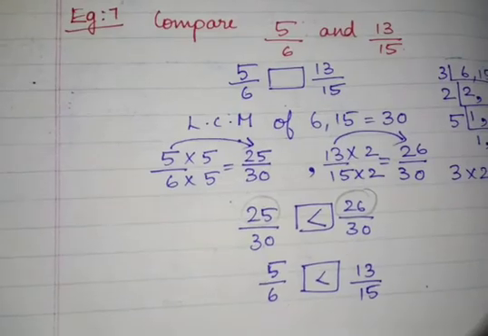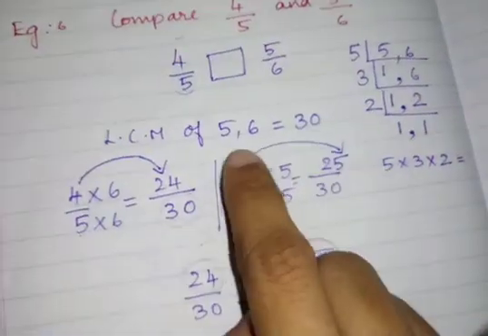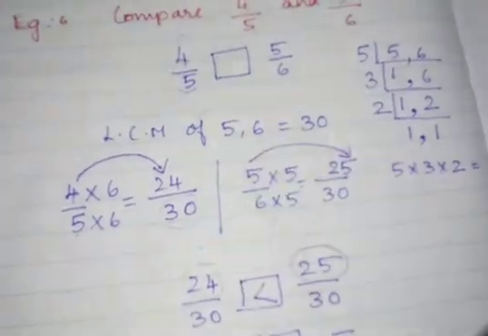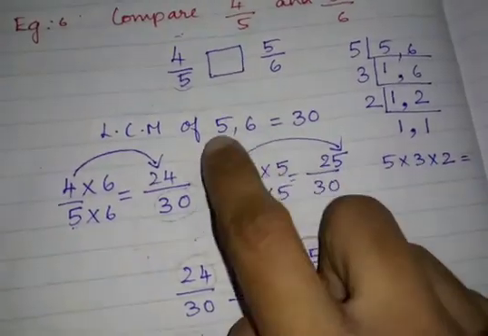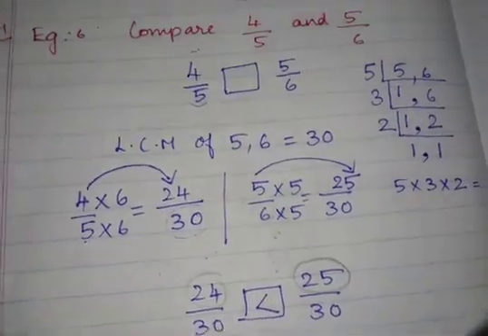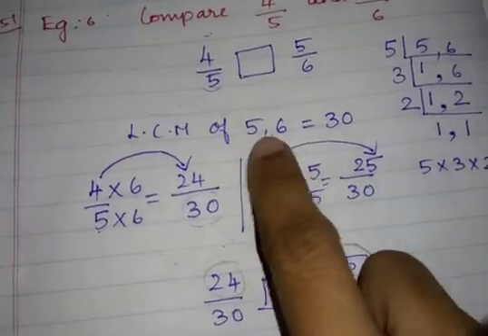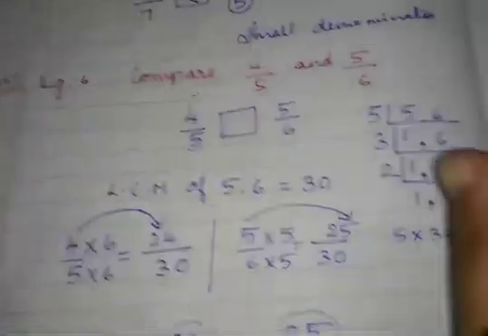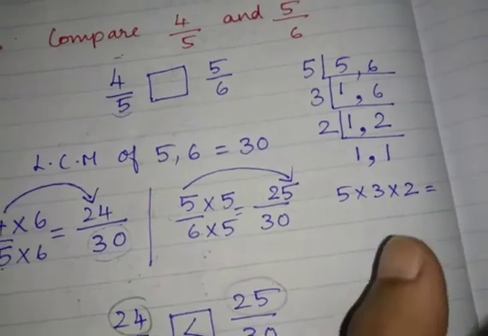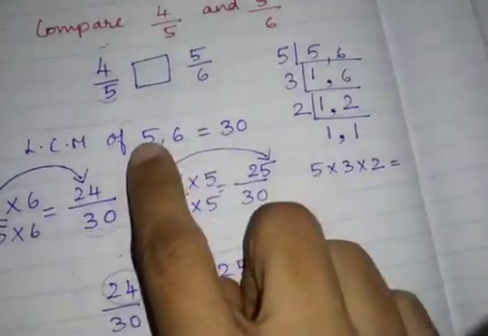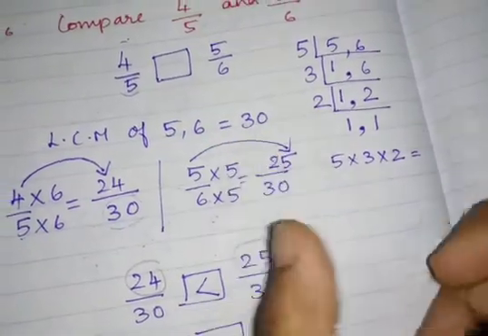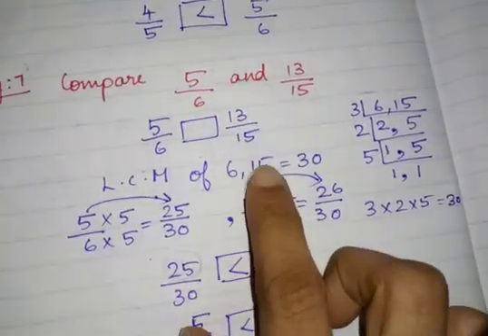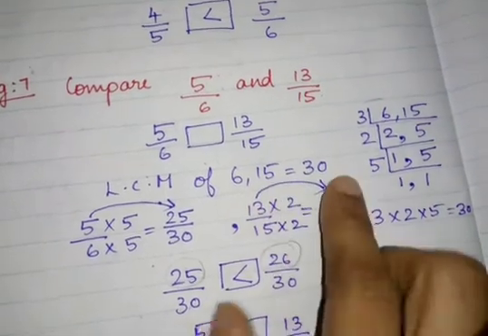Okay, children? See, for this example number 6, what I have done, 5 6s are 30. You can write like this also, because both are co-prime numbers, so we don't have any common factors, so we can multiply directly. 5 6s are 30, or you can use the LCM, because it is better to use the LCM, because sometimes if you do multiplication, you will make some mistakes. See here, 6 into 15 is actually 90.